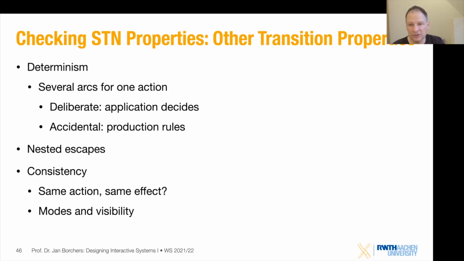Also, consistency is very interesting. Let's say you've got lots of transitions in your STN that say that the trigger is the user pressing the command key shortcut Control P, right? So they press Control P, and as a result, you end up in a new state.